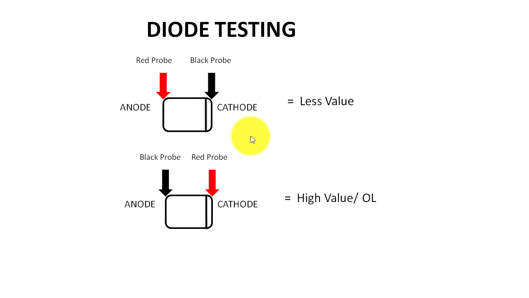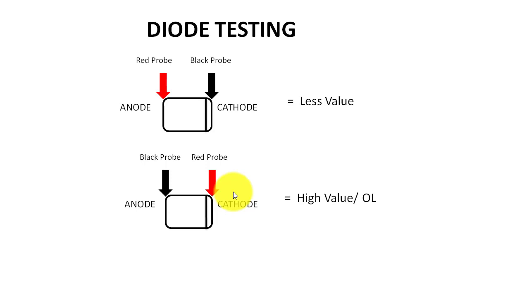And if you keep the red probe on the cathode and the black probe on the anode, and the value shows high or over limit, then this is also okay.